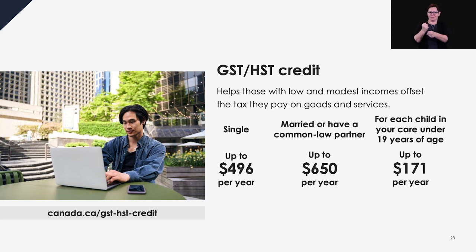If you sign up for direct deposit, you'll get your benefit and credit payments the date they are issued. No waiting for your cheque in the mail. That's cash in your pocket, or better yet, in your savings account. For more information on the GST/HST credit, visit canada.ca/GST-HST-credit.